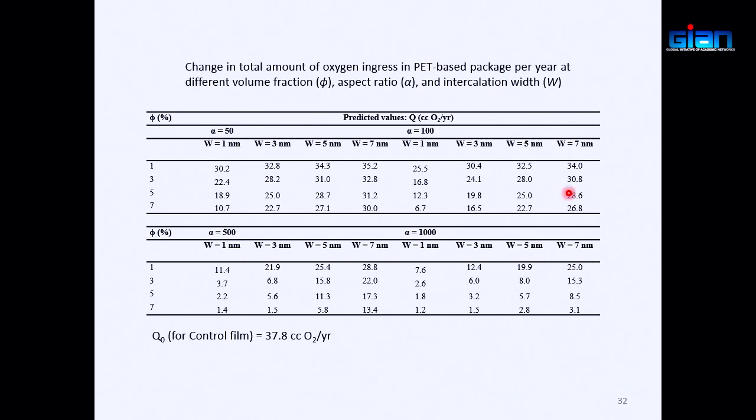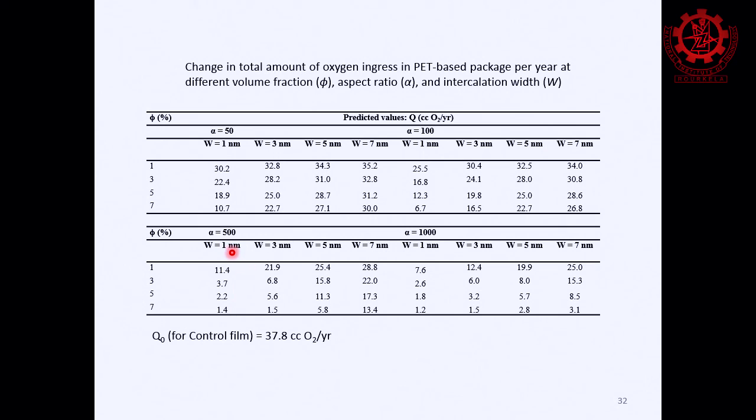As you can see here, in the case of the control film, let's say when you have no nanoparticle incorporated, it will have this amount of gas, which is 37.8 cc of O2 per year in a given surface area of the film or package. From that you can reduce as much as, let's say, 1.4. Yeah, this is the smallest number.